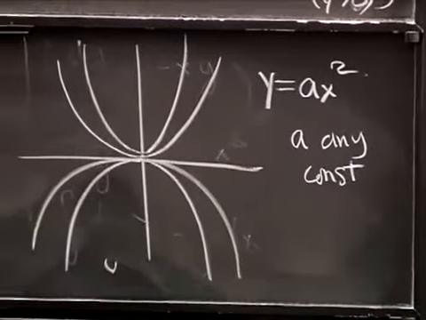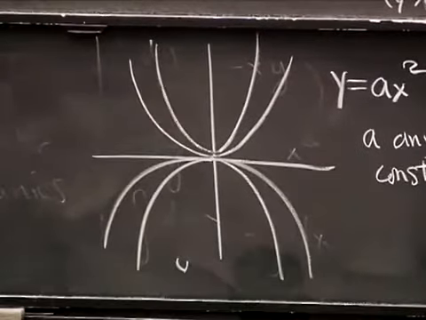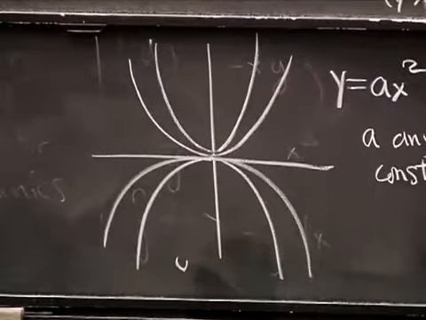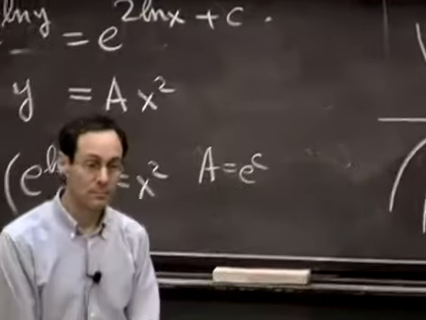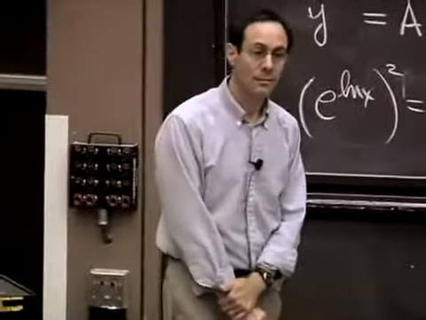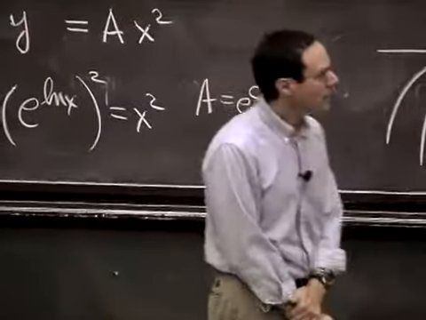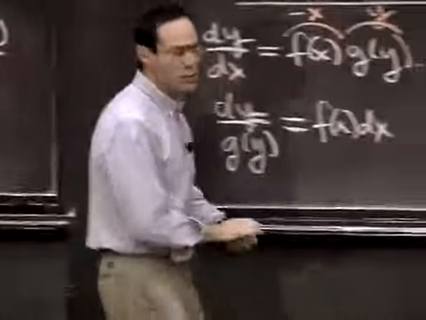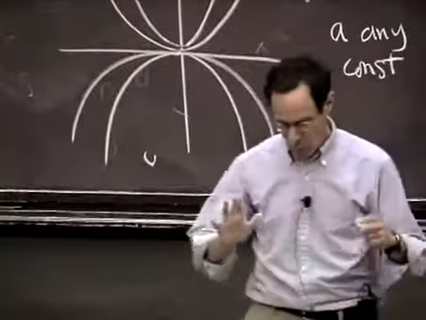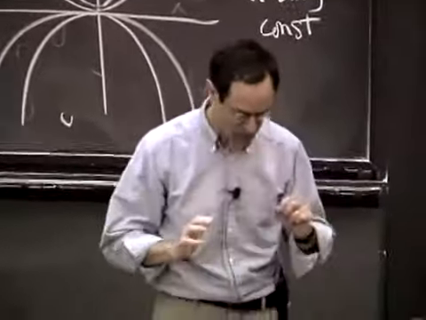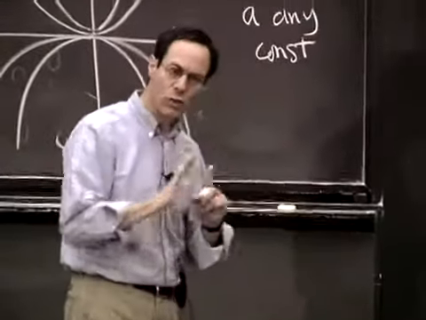Question? I'm not quite sure how A can be negative. I mean, I see that it could be in your graphical representation, but ln, you can't allow a negative number, right? Yeah. So first of all, there are two approaches to this. One is to check it and make sure that it's right.